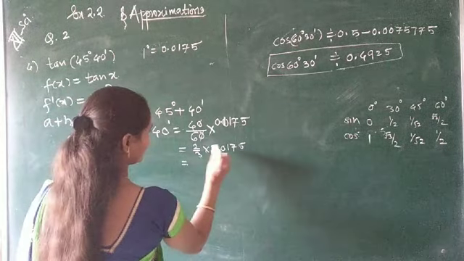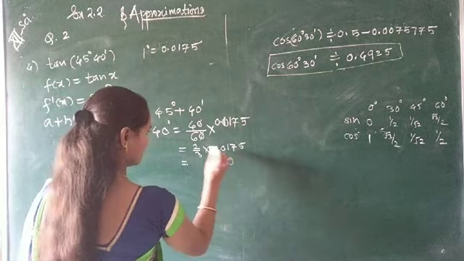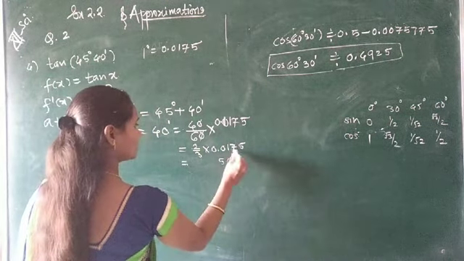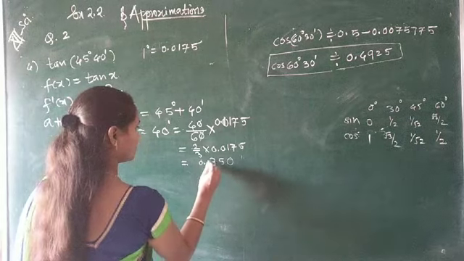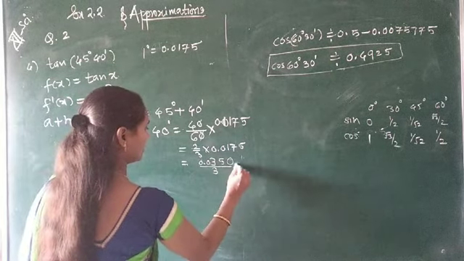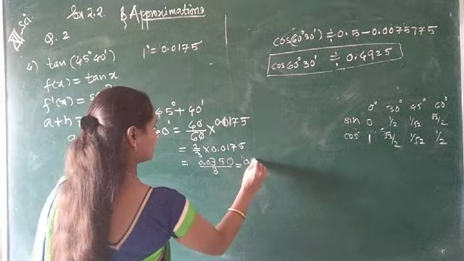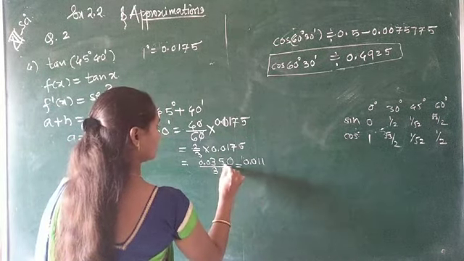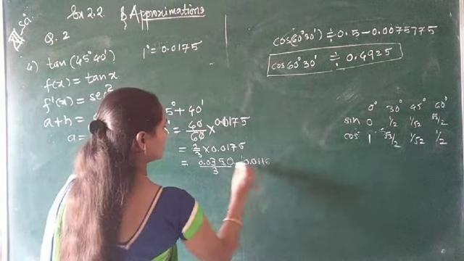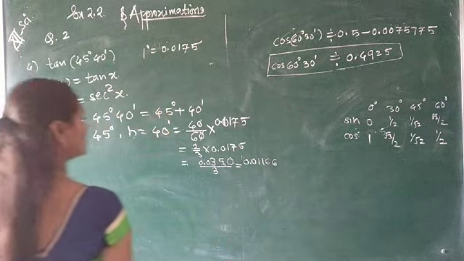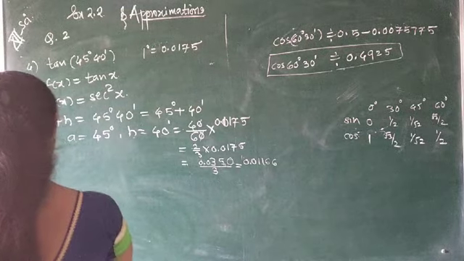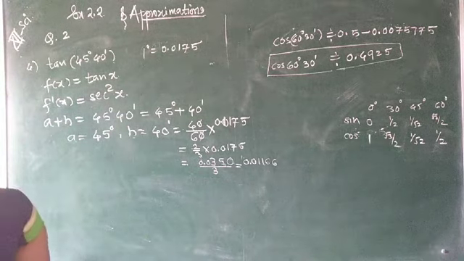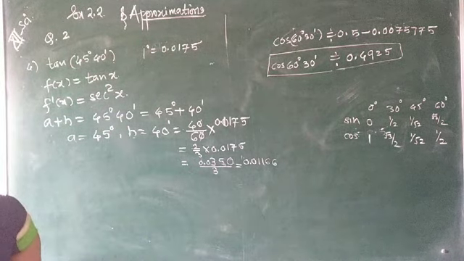If we multiply this, we get 0.0350 upon 3, which is 0.1166. This is the value of our h.